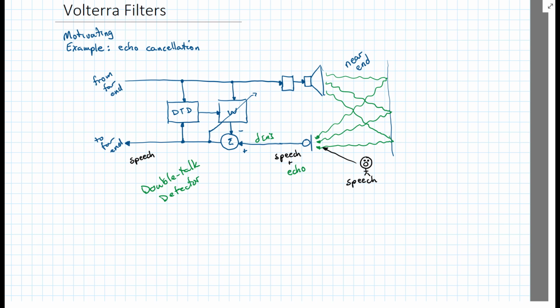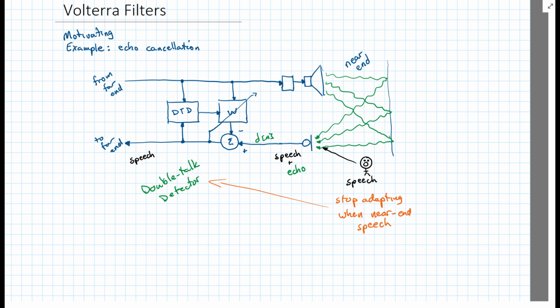So we want to stop adapting when the person at the near end, that's you, is speaking. And that's the job of the double talk detector.